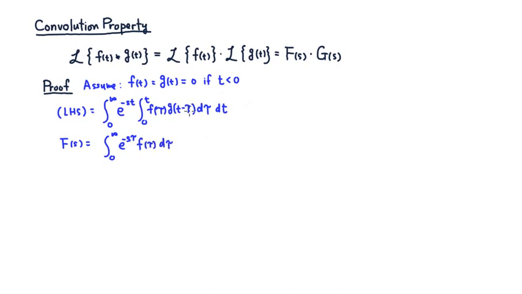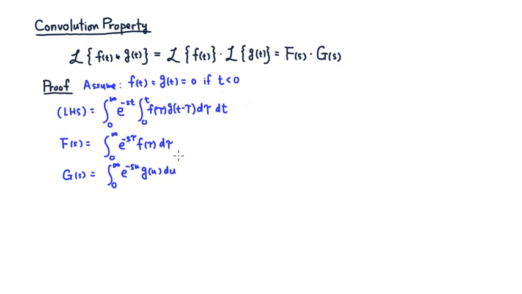Then we're going to look at the G of s as well. For this one, I'm going to use a different variable, probably u. So it's going to go from 0 to infinity, e to the negative su, g of u du.